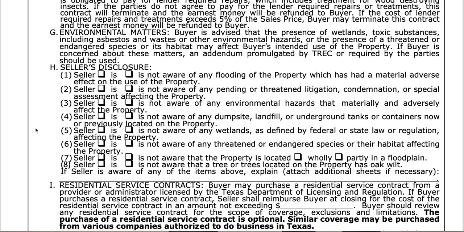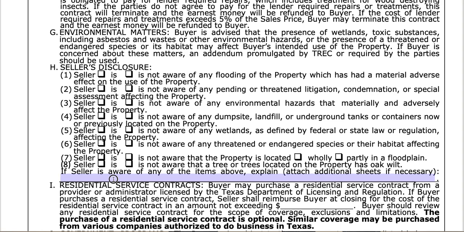Seller is or is not aware of any wetlands as defined by federal or state law or regulation. Seller is or is not aware of any threatened or endangered species or their habitat affecting the property. Seller is or is not aware of the property being located wholly or partially in a floodplain. And seller is or is not aware that a tree or trees located on the property has oak wilt. If seller is aware of any of the items above, please explain.